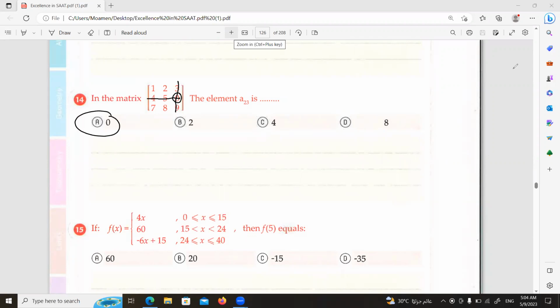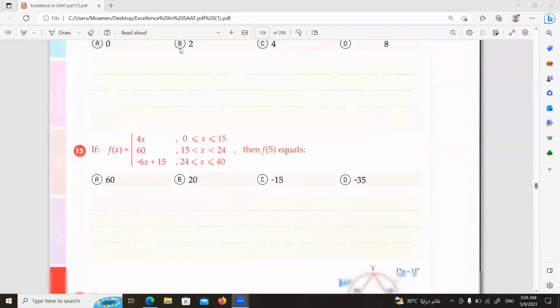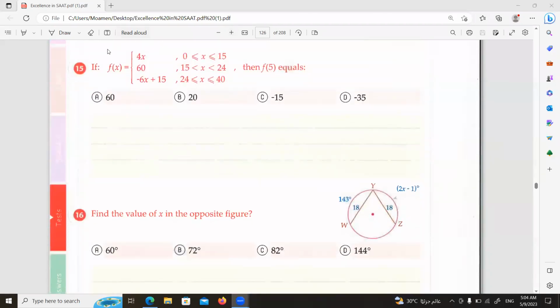In the next, I have a function, and this function is a piecewise function, and you need to find the value of f of 5. F of 5 means I replace x by 5. I go to the values of x and choose which function I'll work with.